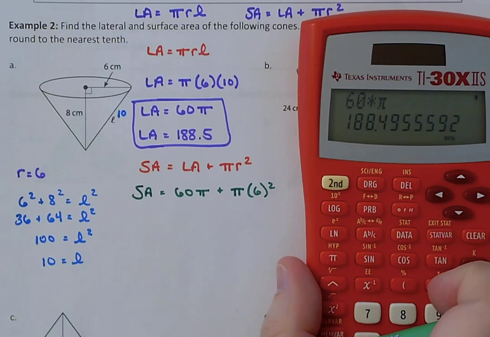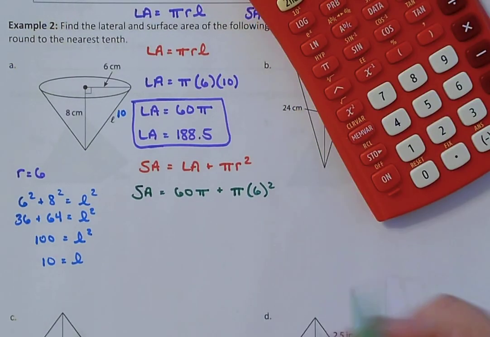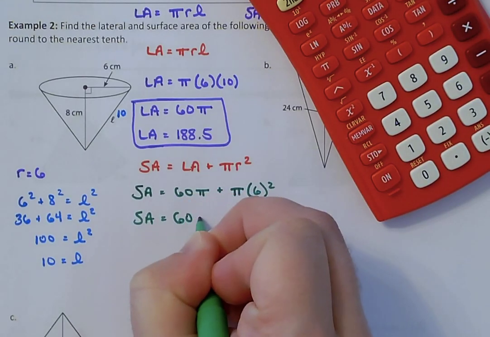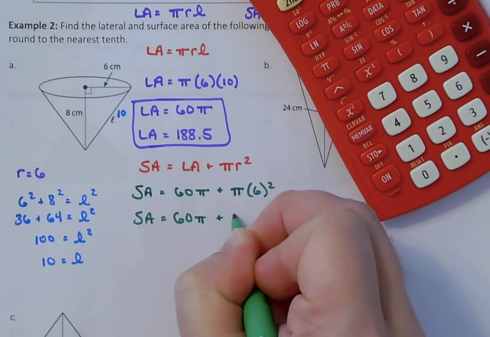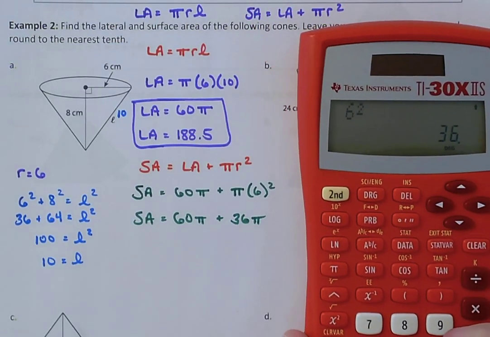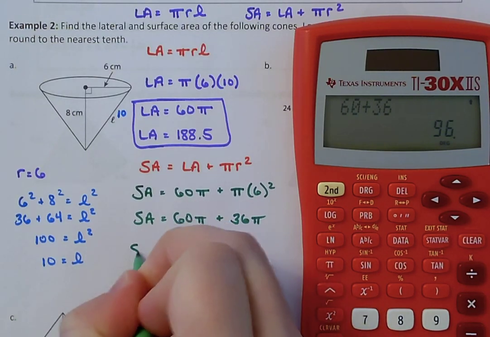If we do 6 to the power of 2, we get 36. So this becomes 60 pi plus 36 pi. So if we do 60 plus 36, we get 96 pi for our surface area.